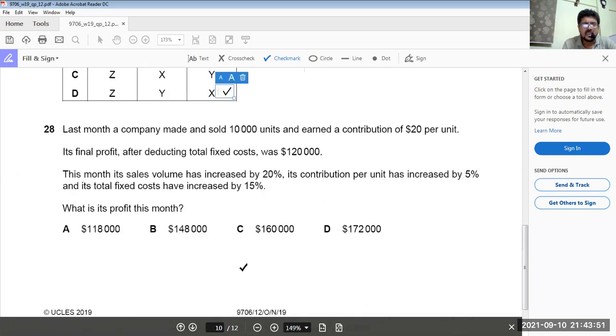Okay. 28. Last month, the company made and sold 10,000 units at a contribution of $20 per unit. Its final profit after deducting total fixed cost was 120,000.